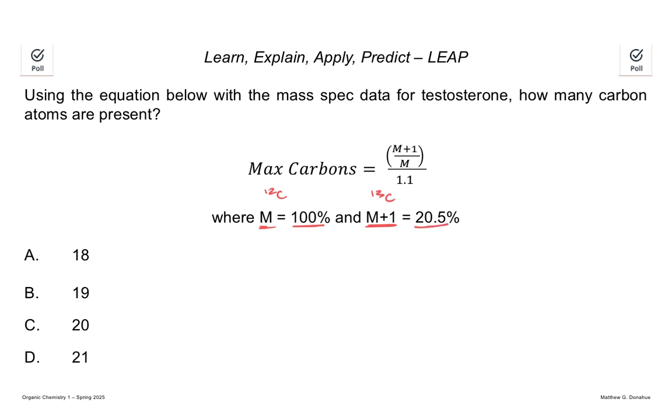You have 100% and then 20.5%. So when you do all that, we already know that the answer is going to come out to 19, because we went through the exercise where we saw testosterone and we just counted the carbons visually. You shove it into this equation, it's going to spit out 19. So 19 carbon atoms.